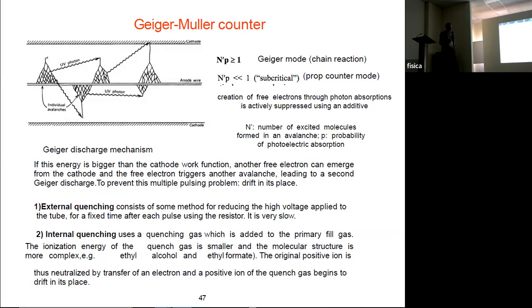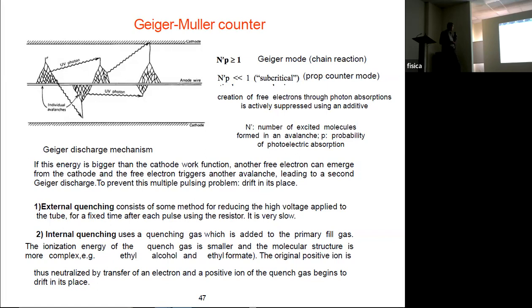In order to stop this process, you have to quench the Geiger counter, and you have two ways to do it. The first one is to use an external resistor to reduce the high voltage, but it's not very good because it's quite slow. We have a long dead time.